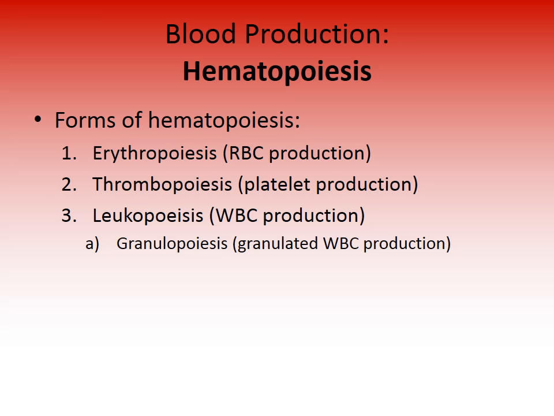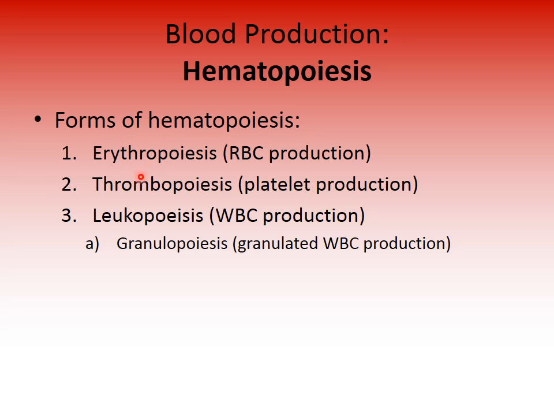So going back to hematopoiesis, there's different forms of hematopoiesis, depending on what we're producing. There's erythropoiesis, which is the production of red blood cells. There's thrombopoiesis, which is platelet production, and then there's leukopoiesis, which is white blood cell production. This shouldn't come as a surprise to anybody, because we can see that the prefix here is erythro.